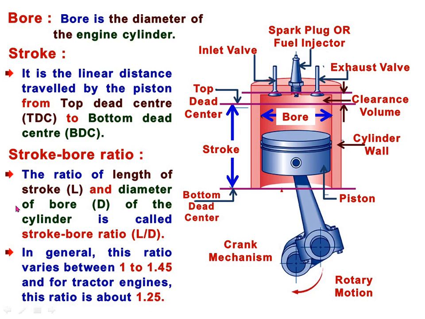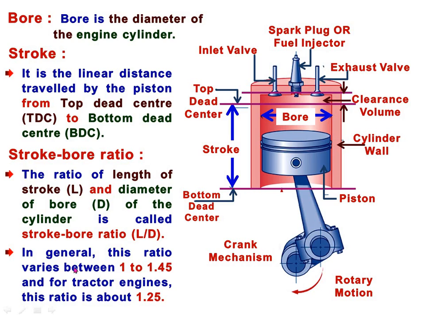The ratio of length of the stroke L and diameter of the bore D of the cylinder is called the stroke bore ratio, that is L by D. Here length of the stroke L is taken in the numerator and diameter D is taken under it.